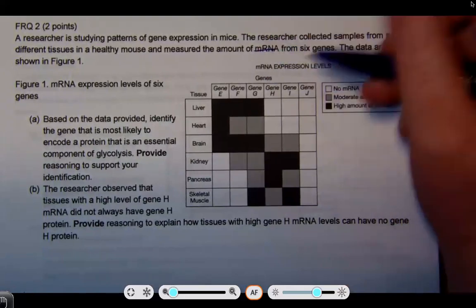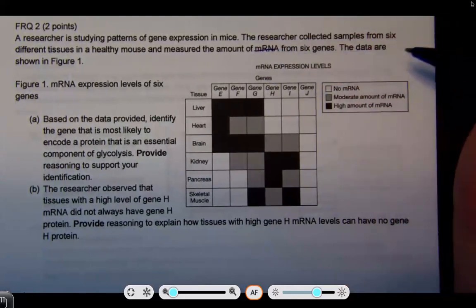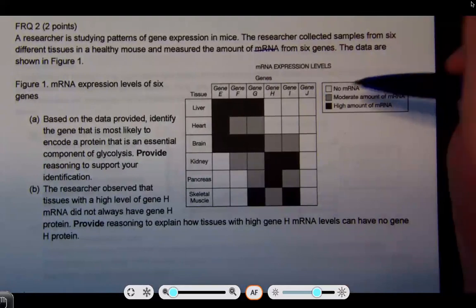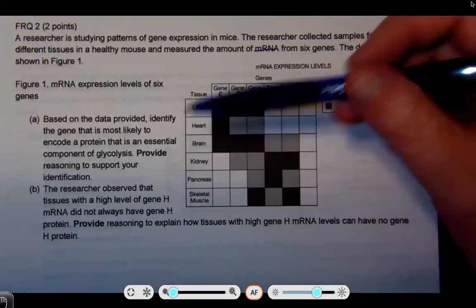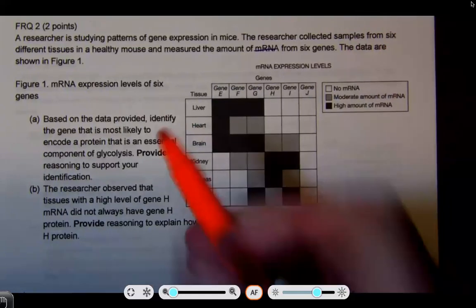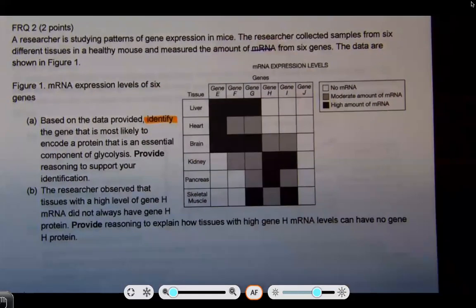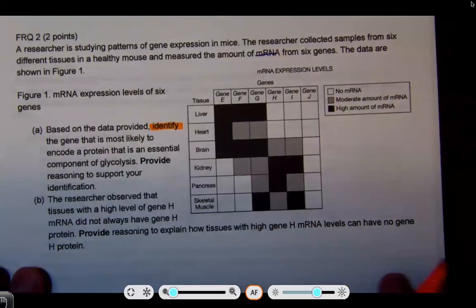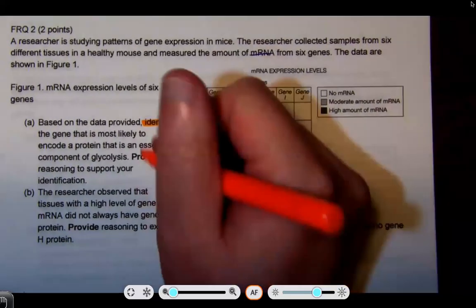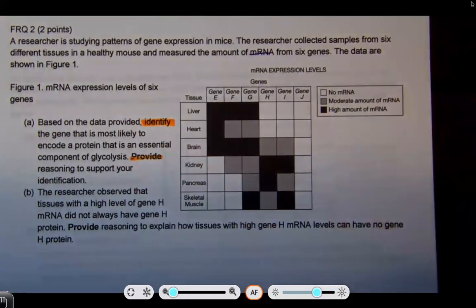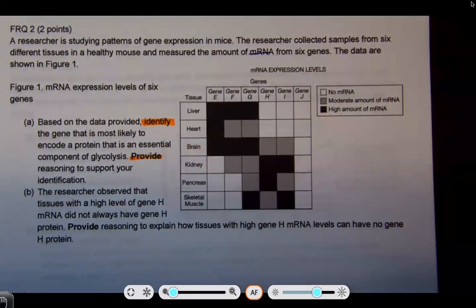So this is a little bit of transcription and translation too. The data are shown in figure 1, which is right here. Based on the data provided, identify the gene that is most likely to encode a protein that is an essential component of glycolysis. Provide reasoning to support your identification.